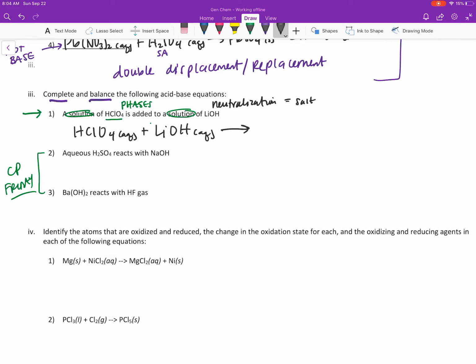Fortunately for us, we know that the formula of water is H2O. So that's a constant. So I'm going to go ahead and write out my H2O because that's the part that I know. The part that I may not know is, well, what's the salt? It's not NaCl because I don't have sodium in here, and I do have a chlorine, but it's in a polyatomic group. So let's determine where the water is coming from so that we can determine what's left over.